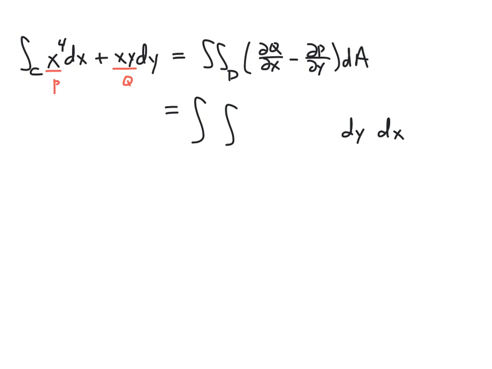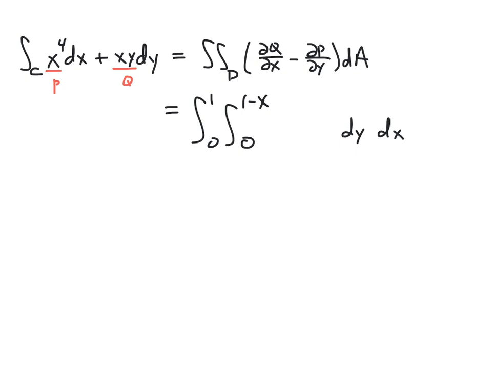By looking at that region D, we see that y ranges from the bottom of y equals 0 up to the curve y equals 1 minus x. Then x ranges from 0 to 1. So those are the bounds for our region: x going from 0 to 1, and y going from 0 to 1 minus x.